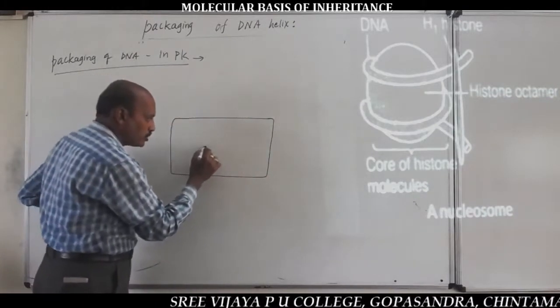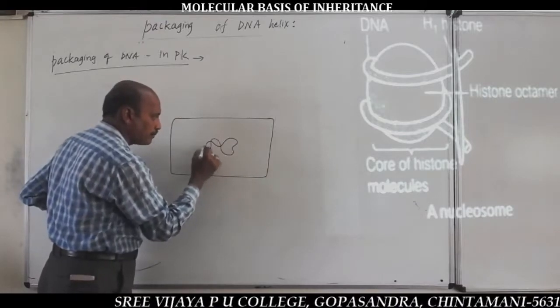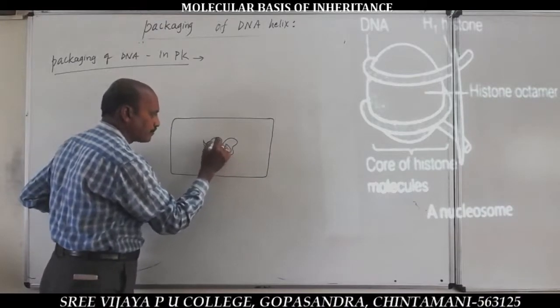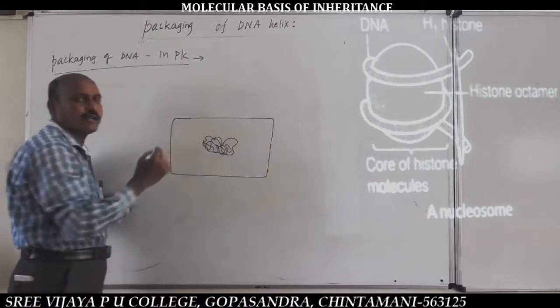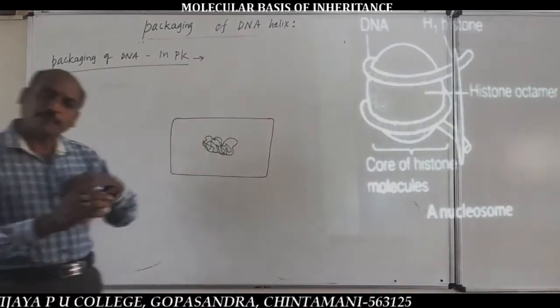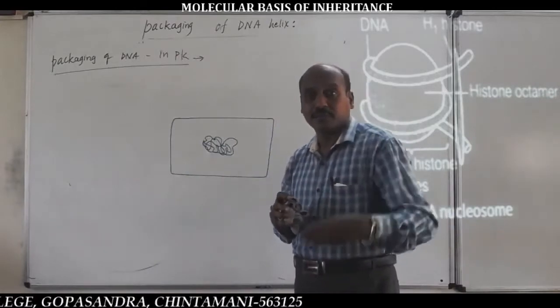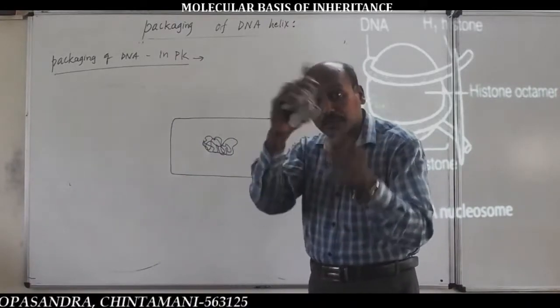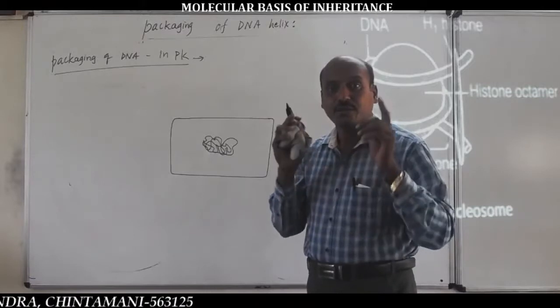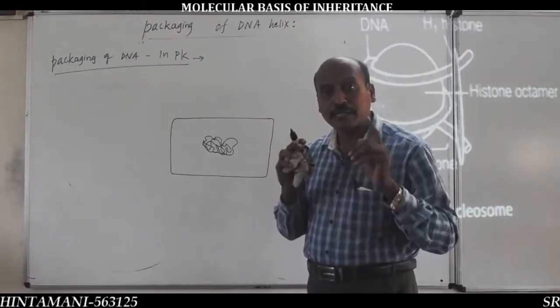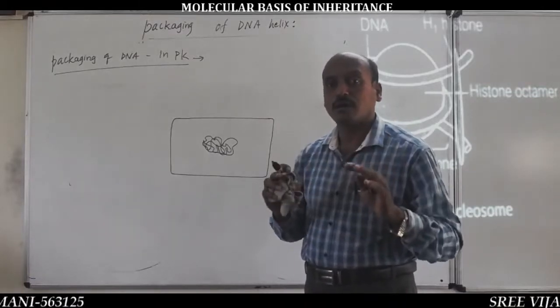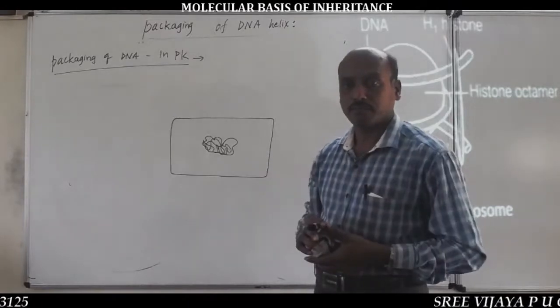See, in prokaryotic cells, the DNA is present in the cytoplasm of the cell. In prokaryotes, DNA is present in the cytoplasm due to the absence of a nuclear membrane. It is more coiled, super coiled in nature, due to the presence of basic proteins called polyamines.